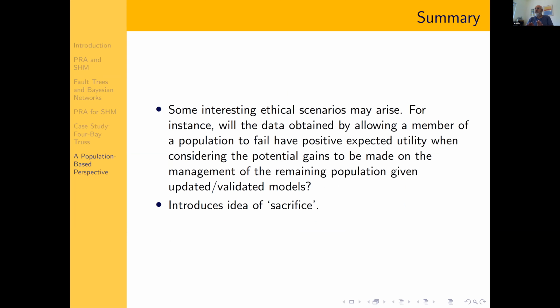So I've potentially pitched that quite badly in terms of the sheer amount of maths in it, but I hope I've got across the idea that we can build SHM from a decision theoretic viewpoint. We can deliver decisions rather than condition assessments, fundamentally just probabilities of certain structural states. And that's important. And also we can extend this idea to populations.